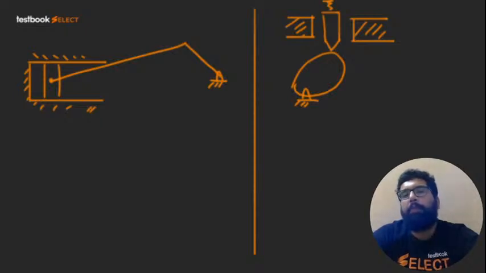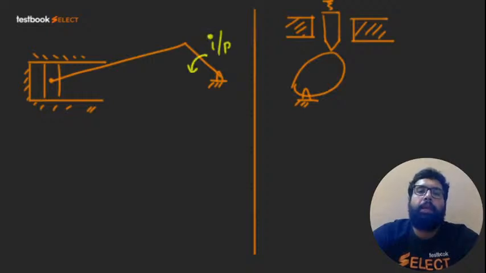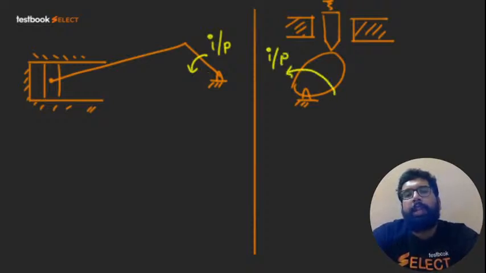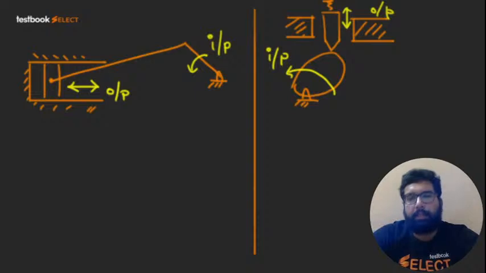The other is cam and follower, right, my dear? Now, if I give input here, the output we get will be in the form of reciprocation here also. Now, can we say that kinematically both are doing the same thing?